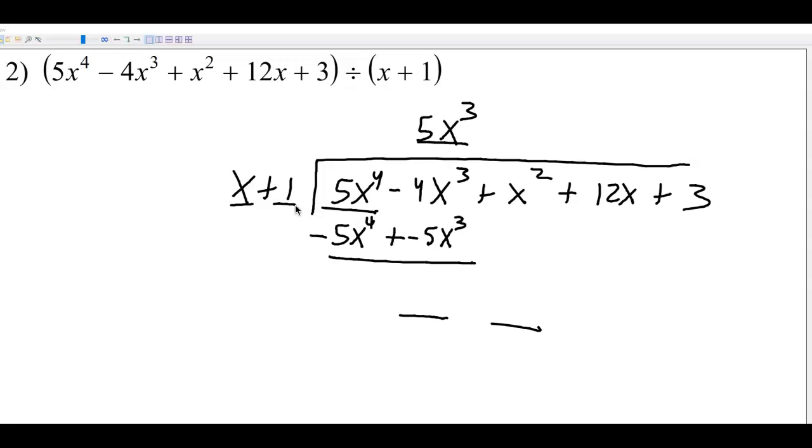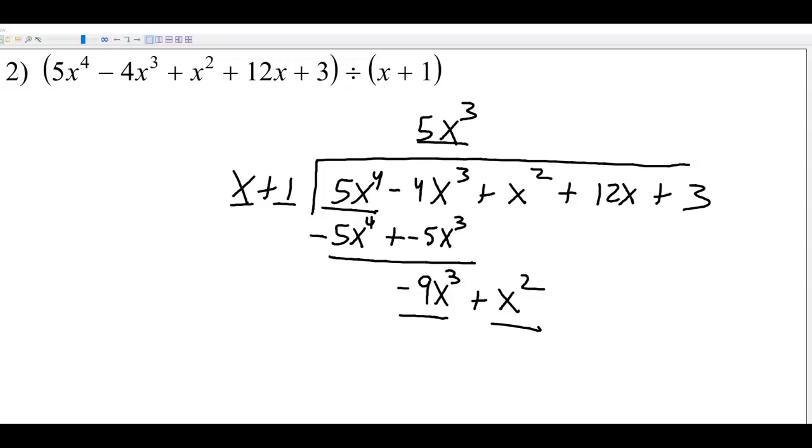Okay. Next, we're going to ask Miles what goes here. Good. And then I will ask Stephen what goes here. Good. Okay, now we're ready for our second cycle.